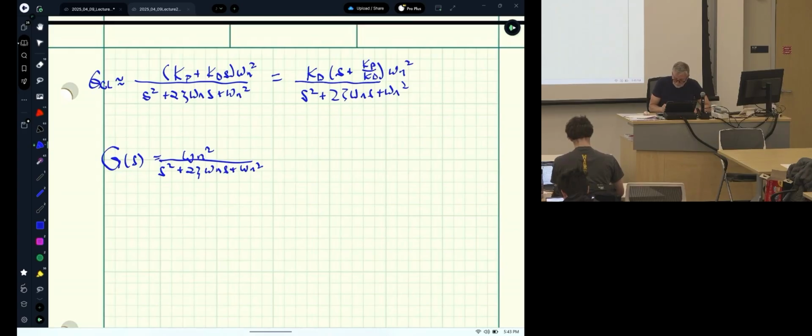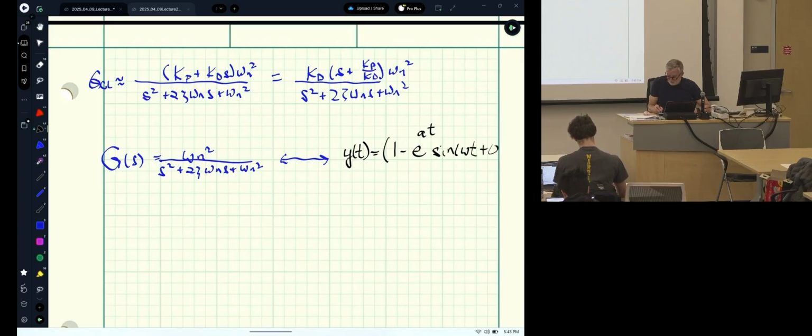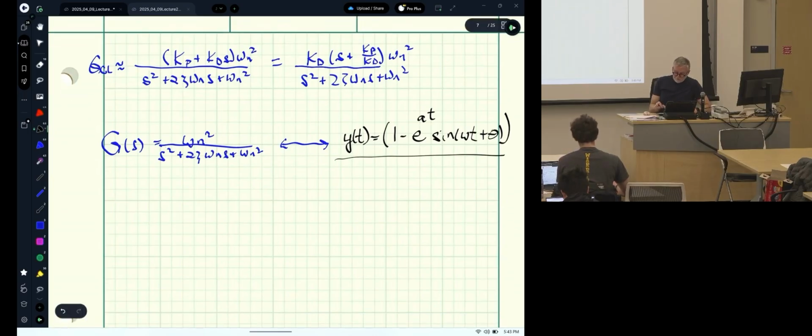And so this thing, when we do the step response, it basically looks like this, 1 minus, and then there's an e to the at, there's a sine omega t plus theta. That's derived in the textbook, but you can just compute, you put a 1 over s on this guy and you compute the output, it has that form.